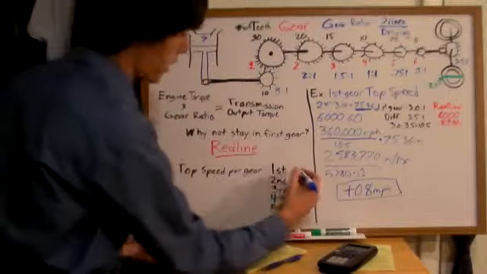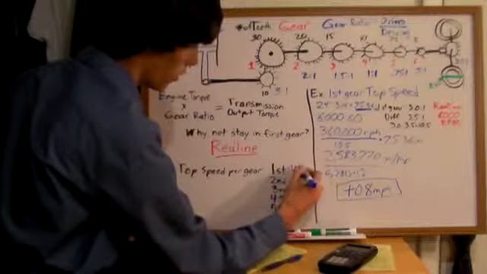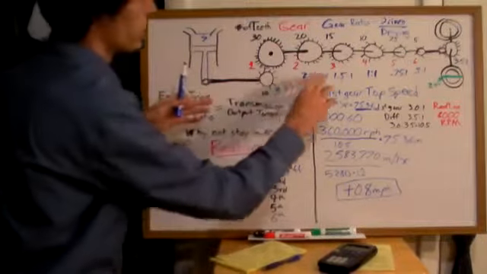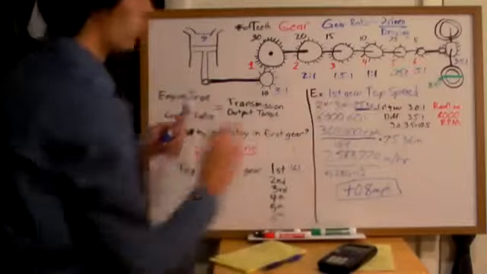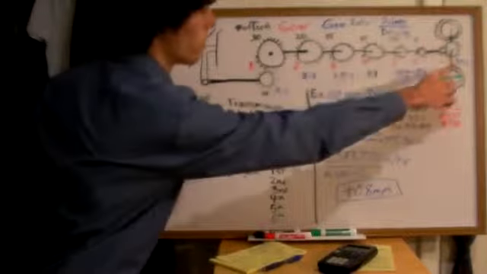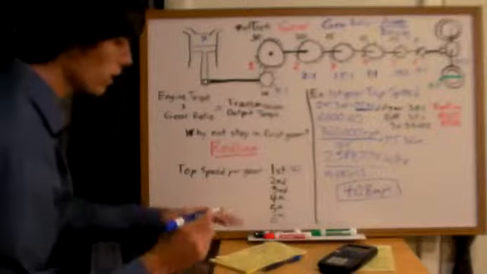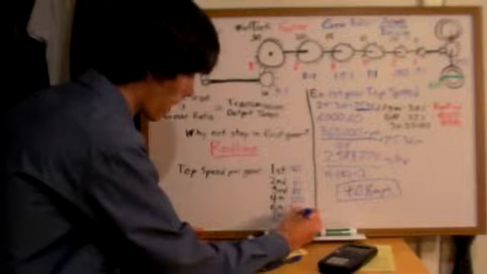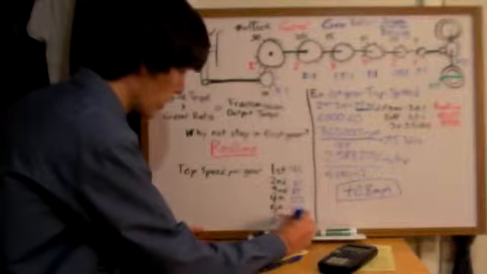I've gone ahead and done the math for all of these, so I'm just going to tell you, for these gear ratios that I've got here, 3-to-1, 2-to-1, 1.5, 1-to-1, 0.75, and 0.5-to-1, with a differential gear ratio of 3.5-to-1, your max speeds are going to be 41, 61, and these are in miles per hour, 82, fourth gear is going to put you at 122, fifth gear is going to be 163, and the sixth gear will limit you at 245.